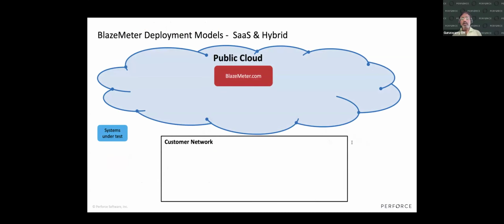Now, what are the models Blazemeter supports today? As I mentioned, it's a SaaS platform. If your system under test is publicly available, meaning it doesn't require any internal network and is accessible from the public network, then in option one we provide the load engines coming from Google, Amazon, or Azure.